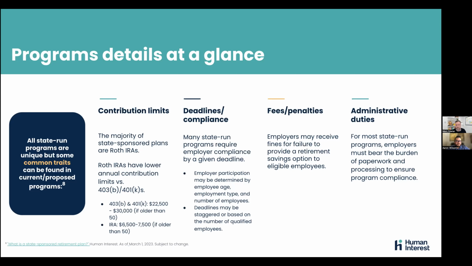Over 50, that moves up to $7,500 total. For the 403b or 401k, that jumps up to $22,500. And if you're over 50, you're looking at $30,000. And then there's an additional amount if you've been there longer than 15 years.